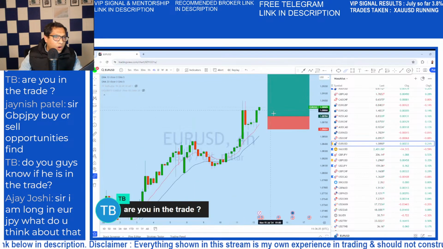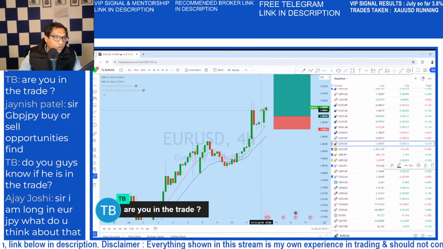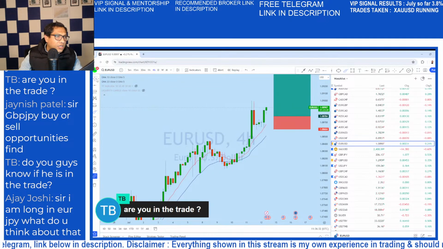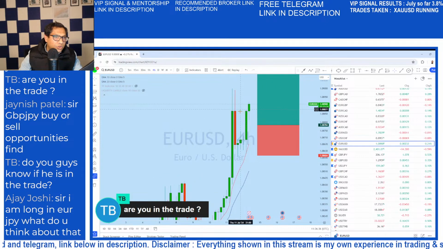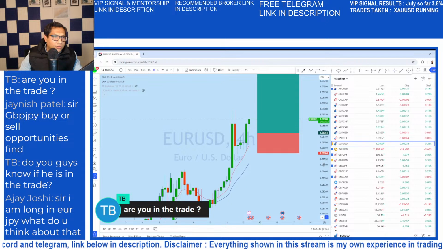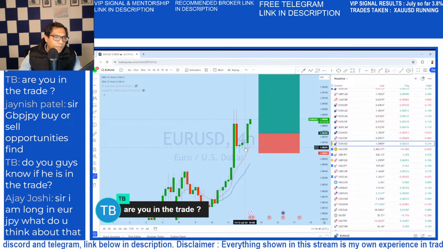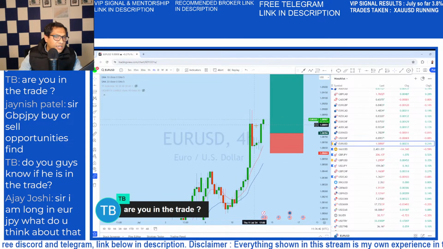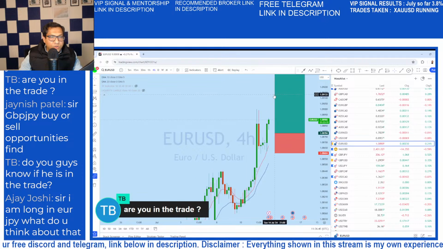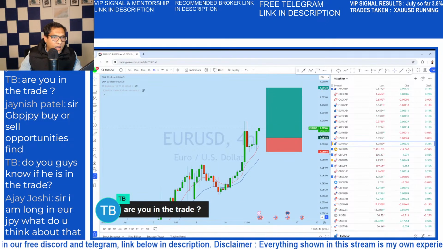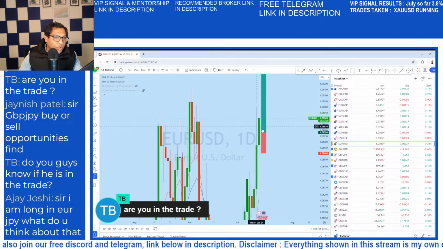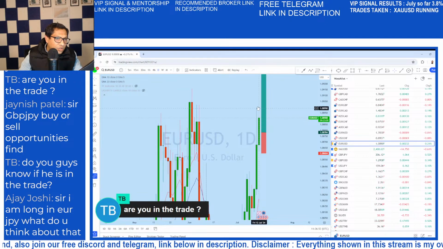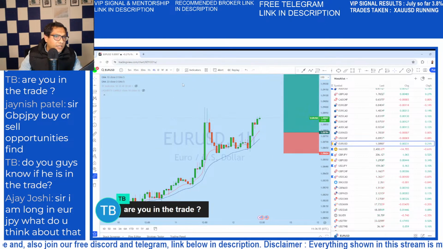Looking at the 4-hour perspective, we can see the previous session there is a liquidity candle formation, and with that liquidity candle, the market has bounced to the upside on euro USD, and with that bounce, we expect euro dollar to move back up to create a new higher high. So euro dollar is potentially bullish at the moment, and we expect the price to go ahead and create a higher high.